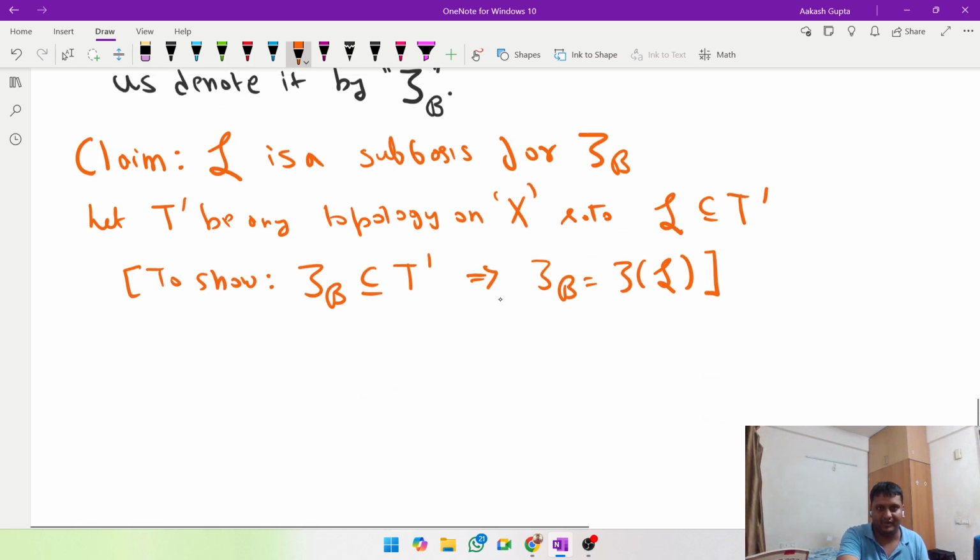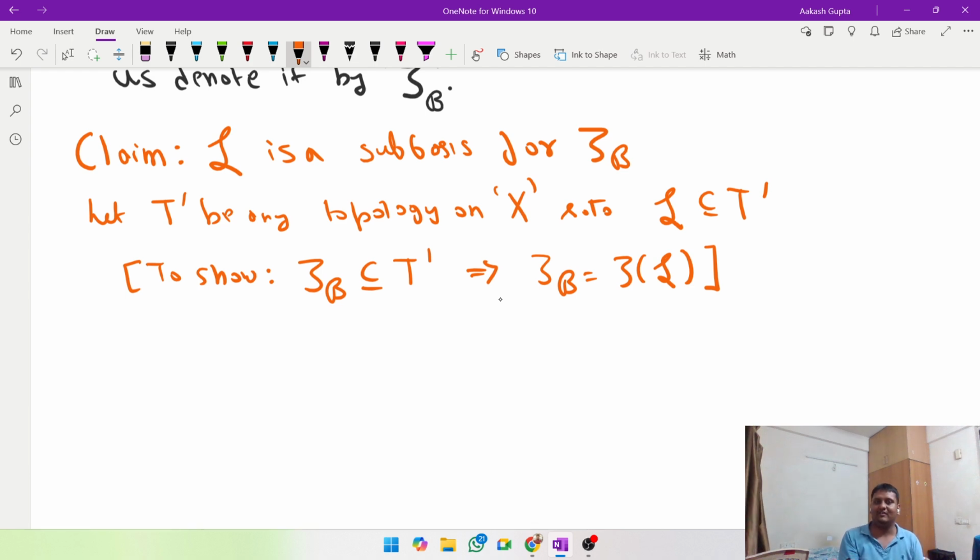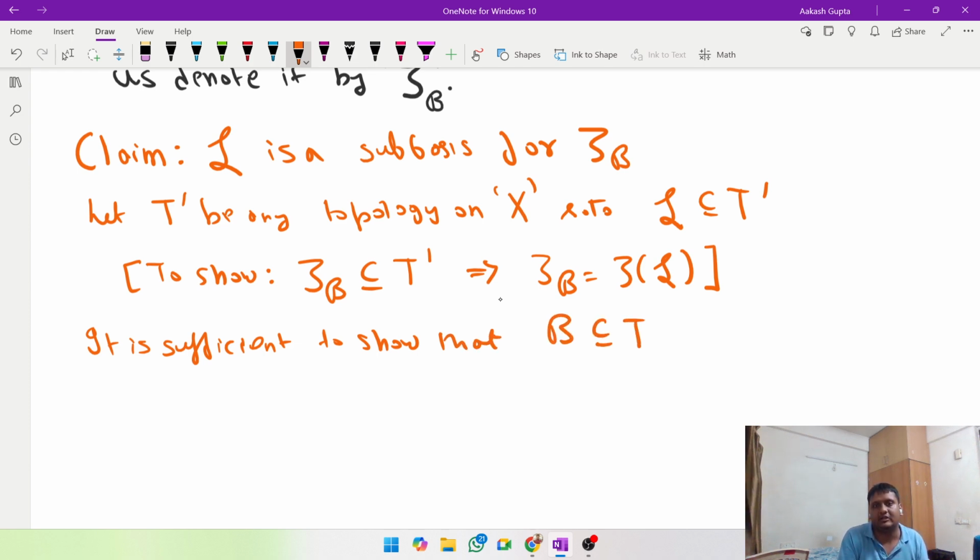So what do we have to start with? We have to start with a member of tau B, but it is sufficient to show that script B is sitting inside tau prime.